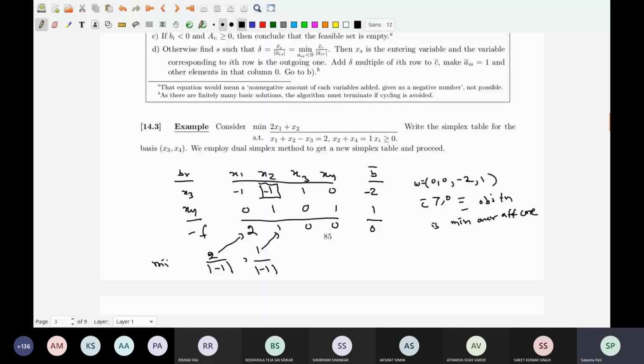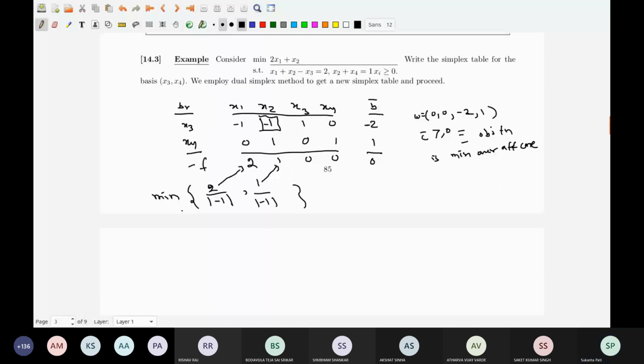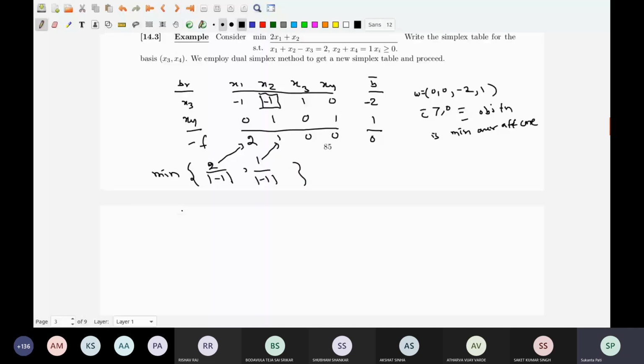So I understand what will happen in my next table. Now in my next table, x3 will go out and x2 will enter. BV: x2, x4, and I have x1, x2, x3, x4, and B bar. So what will happen? Now I will multiply that by -1. 0, that is 2, no problem.